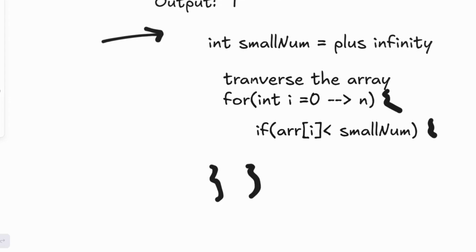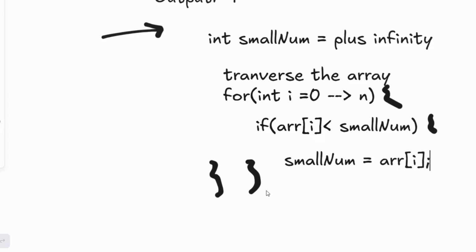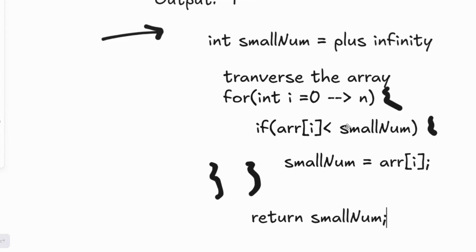So small num gets updated by array of i because it's smaller than that. And in the last we just return the variable small num. This way we can solve this problem.